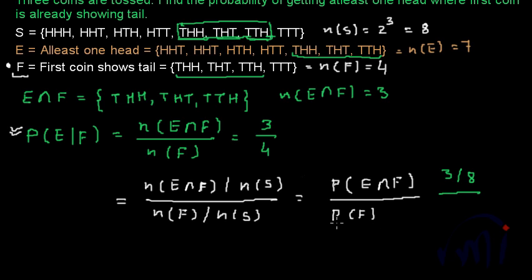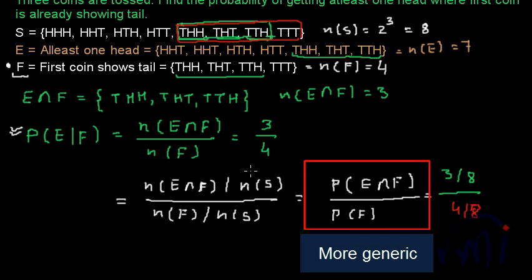And the probability of F happening, that means getting the tails on the first coin, is this. What is this? This is nothing but 4 out of 8, right? And if we solve it further, again we are going to get 3 out of 4. So this is the second formula for finding the probability of E where F has already happened. It is equal to the probability of E intersection F divided by the probability of F.